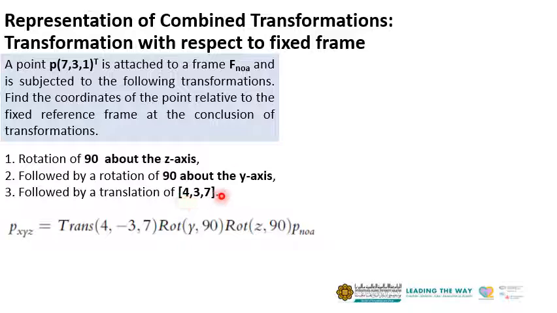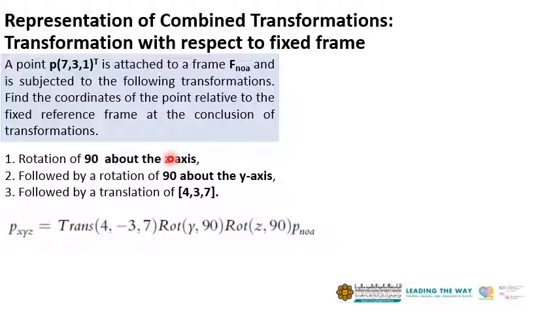You have to understand that when we say z-axis, y-axis, this is the original, fixed frame of reference, and we are doing all the transformations with respect to the fixed frame. Once we do that, we do the multiplication by pre-multiplying. So this is rule number one: when all the transformations are done with respect to the original frame of reference, we do the pre-multiplication.